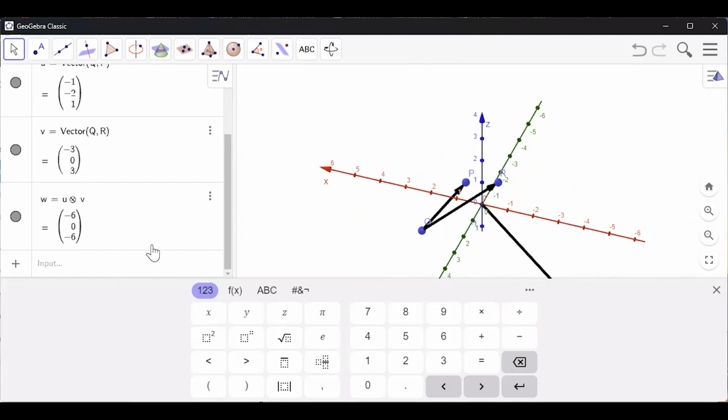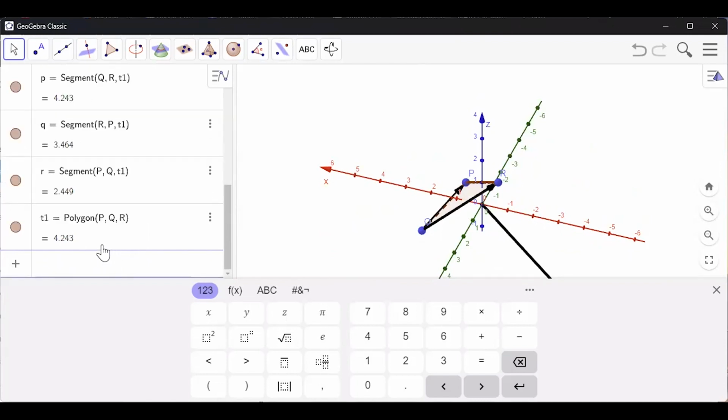Remember, vectors are coordinate free. As long as they have the same magnitude and direction, you can move them around anywhere in the space in their equivalent form. All right, so let's look at first the triangle. So let's make a polygon with those 3 points, P, Q, and R. So there is the polygon, and you'll notice that the polygon gives us this value.